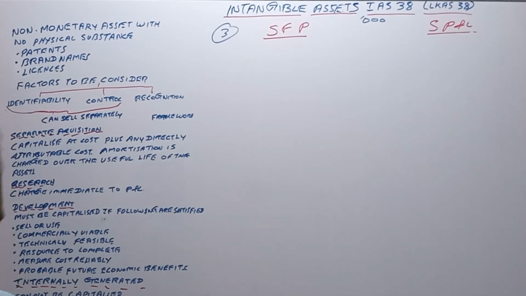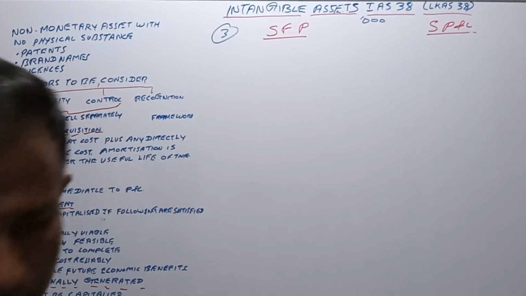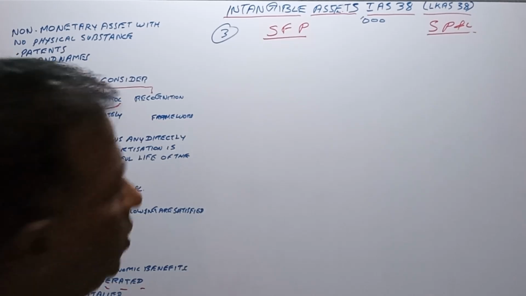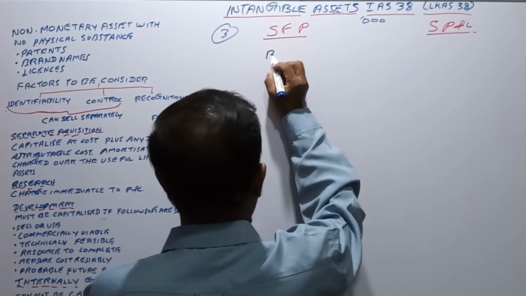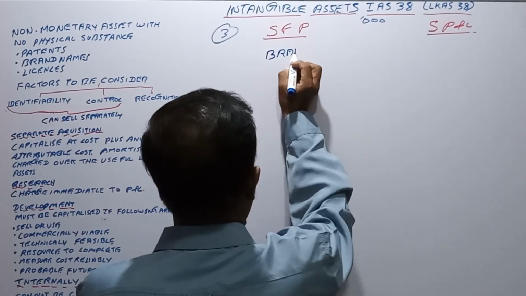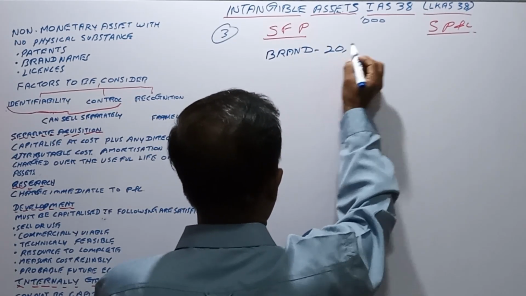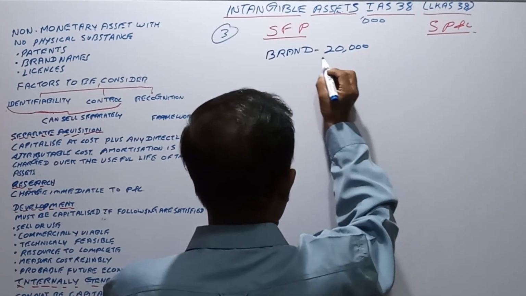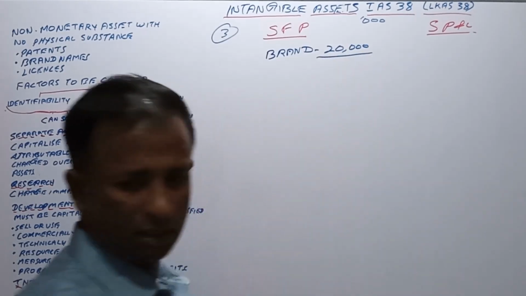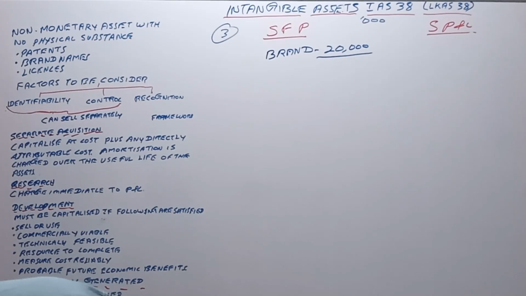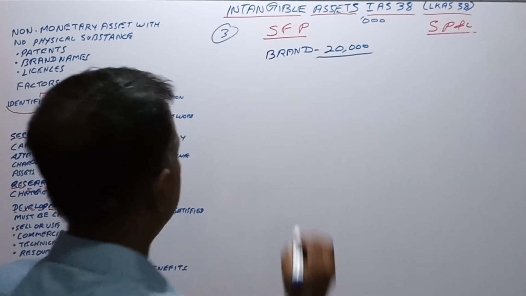That means the brand is 20 million, right? They bought a brand of 20 million, and the expected useful life is 10 years.